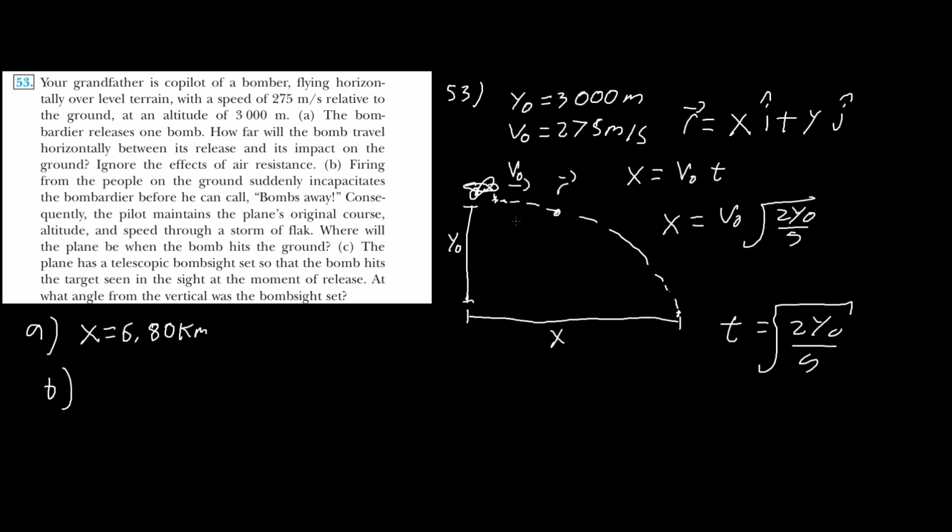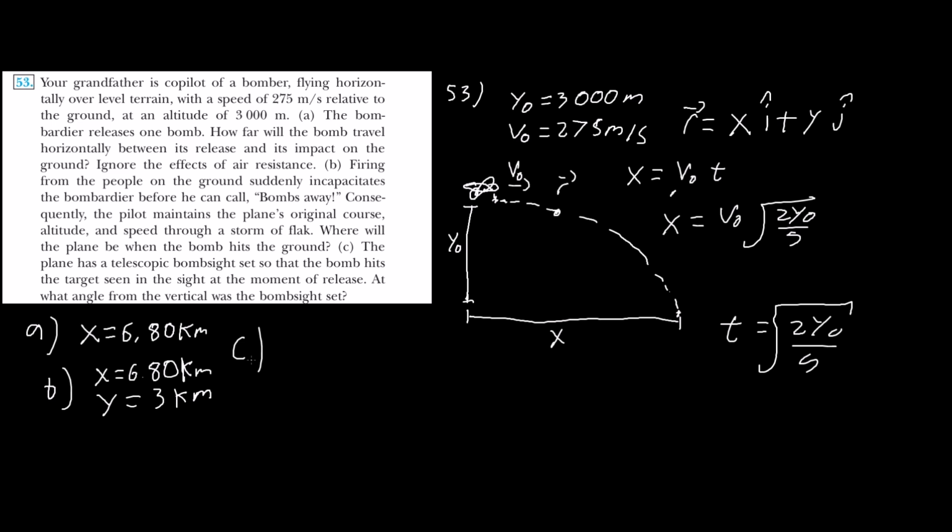So where would the plane be when the bomb hits the ground? The plane would be right here, right above that target at y naught. So x is going to be 6.80 kilometers and the altitude is just going to be 3 kilometers. It's just going to be right on top of the target.